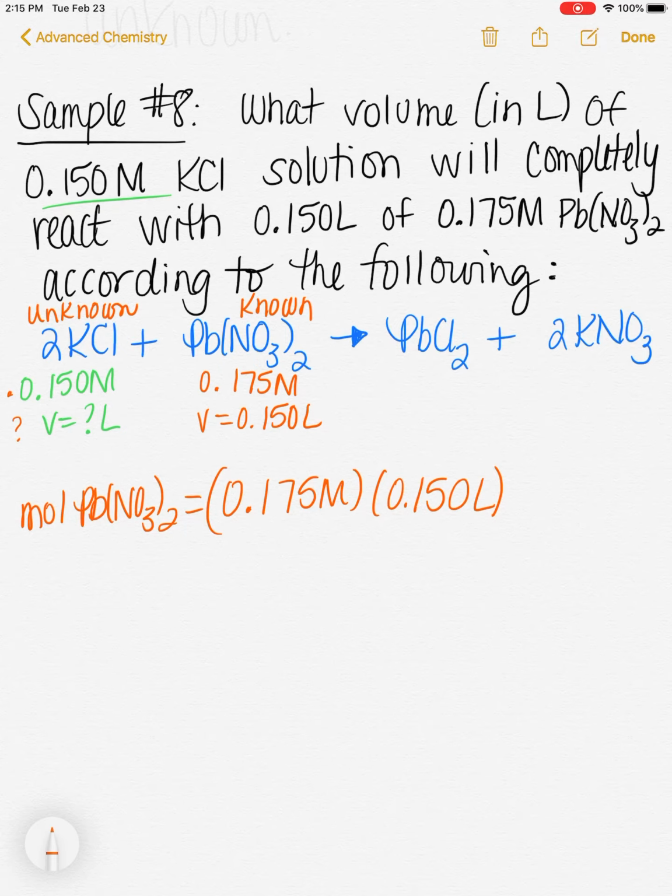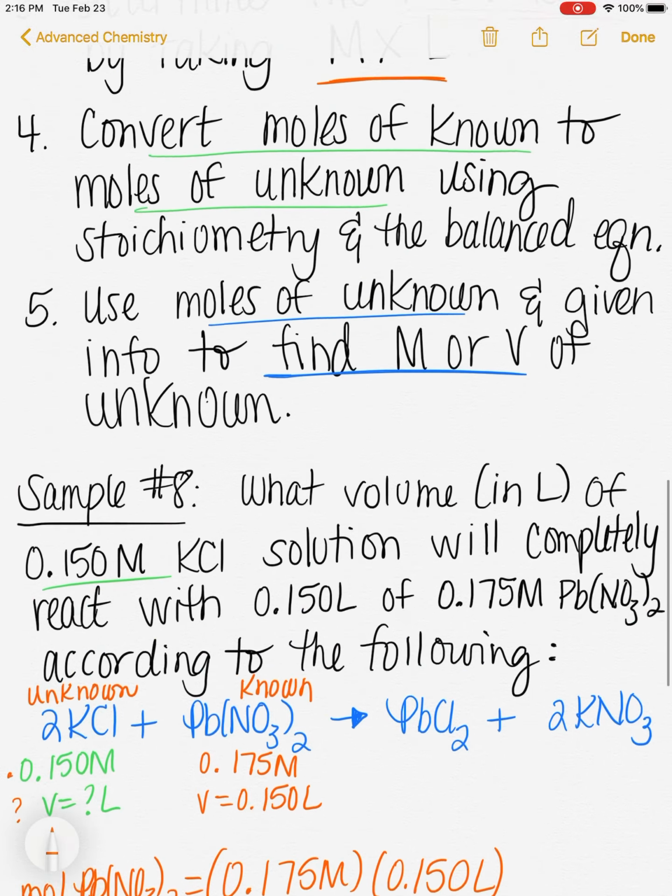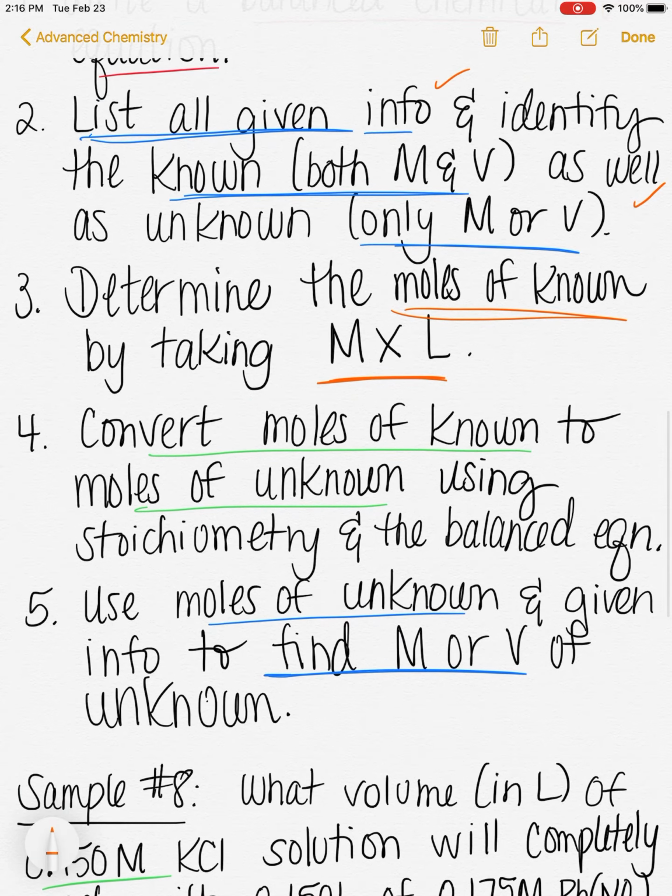So I'm going to take 0.175 times 0.15, and that is going to tell me that I have 0.02625, and my unit label is moles of PbNO3.